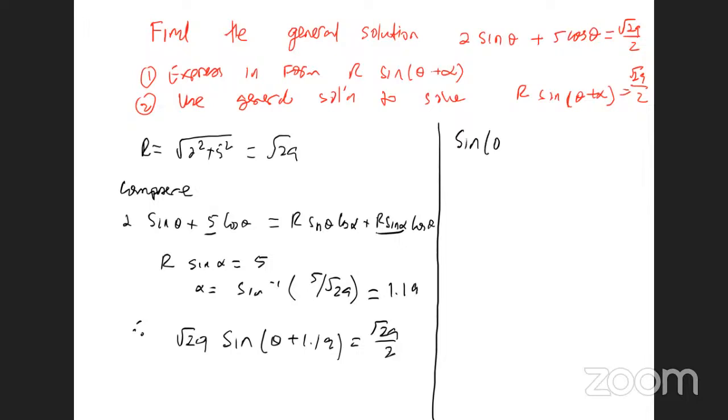So you'll get sine theta plus 1.19 is equal to half, if you divide everything by root 29. Are you okay with that? Anybody confused there?